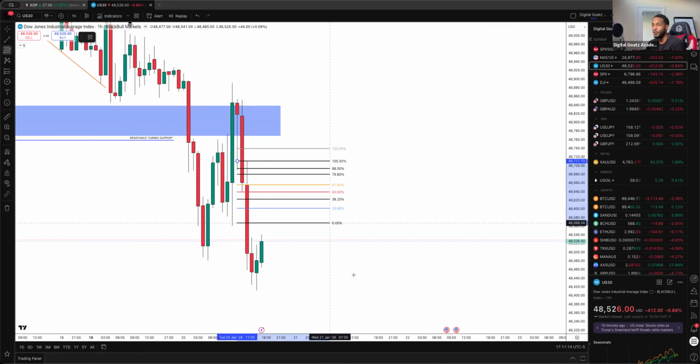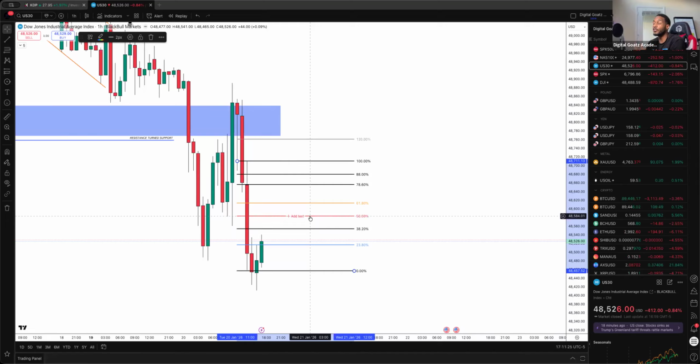But again, this is how the market closed at 5 p.m., so it could still be continuing. We don't know if it's going to gap down again or gap up, whatever the case may be. But I would like at least to see 50%. That'll put us at the previous low. So I could see a small gap up possibly, but I'm not trying to predict exactly what's happening, just the overall directional bias.